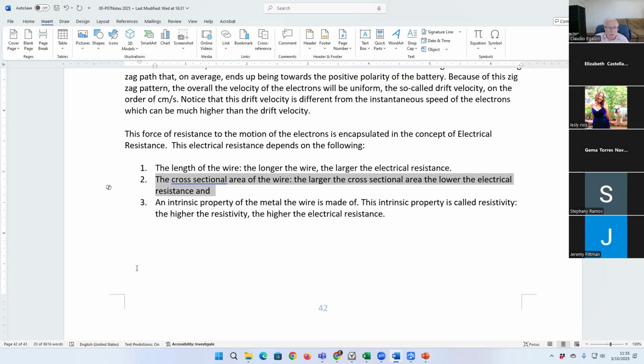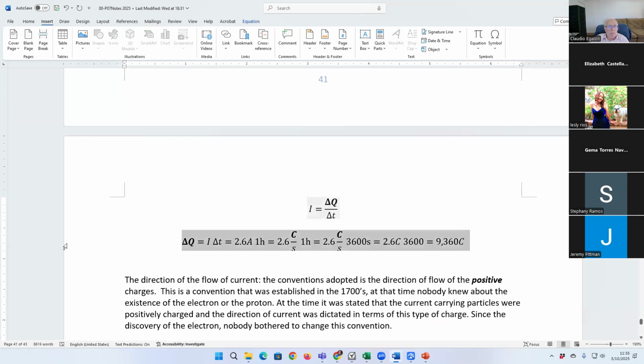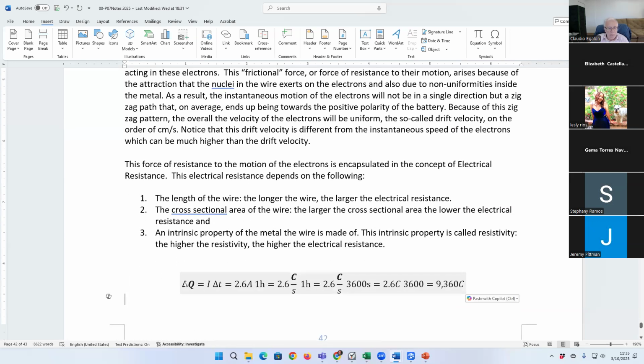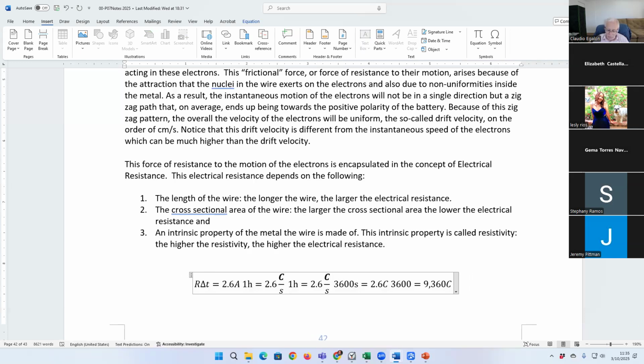So we can write down that the resistance is going to be a function of those three parameters: the length of the wire, the cross-section of the wire, and another parameter that is an intrinsic property of the metal that we call the resistivity.